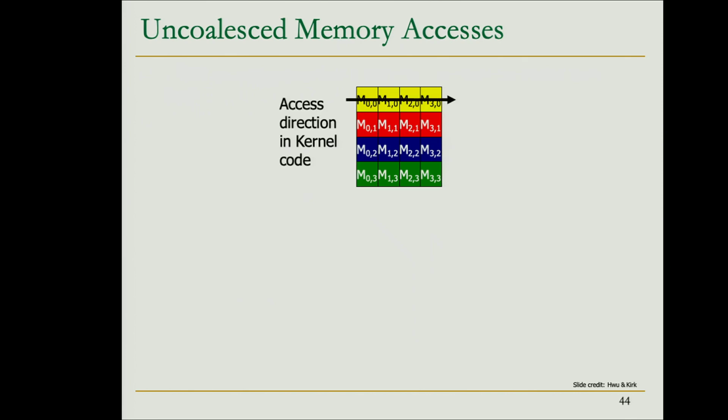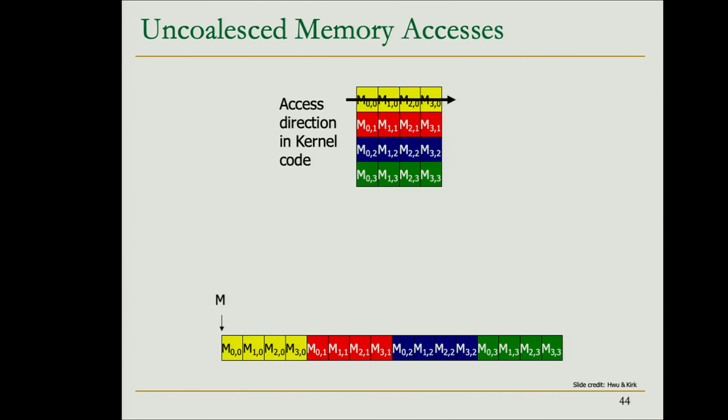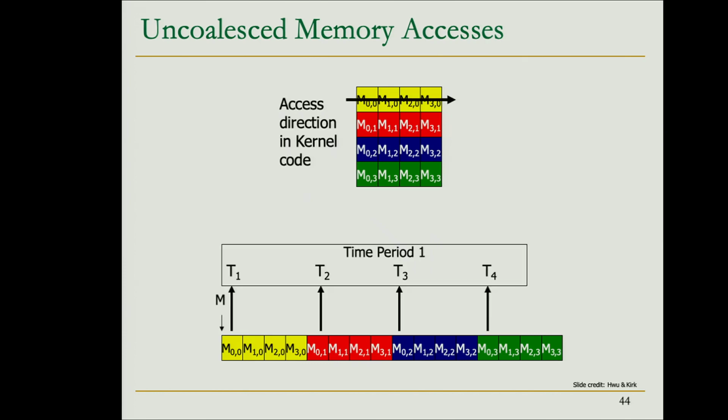This is a little bit more detail about what an uncoalesced memory access is. Imagine that I assign the rows to individual threads. In this case, the matrix is only 4 times 4, but now imagine that it's 4,000 times 4,000. When we talk here about time period, in reality we want to talk about iteration.